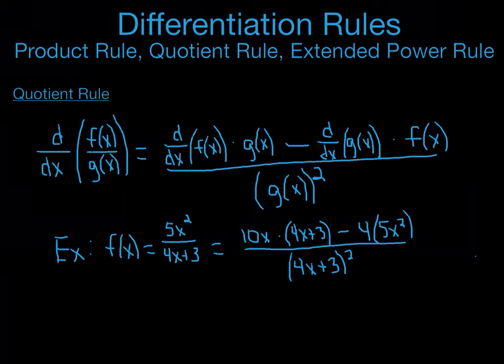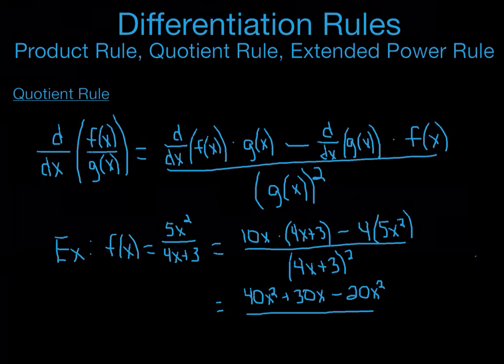Now, doing a little simplifying in the numerator, you could distribute and get 40x squared plus 30x minus 20x squared all over this denominator. I'm just going to write d here.